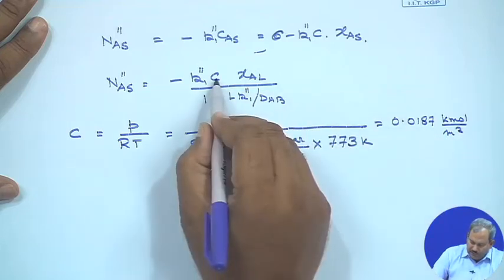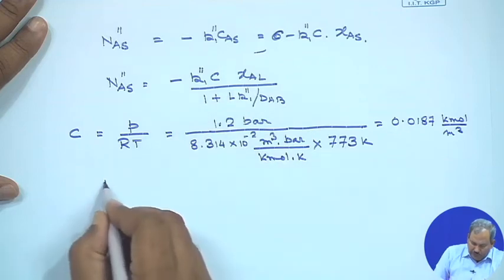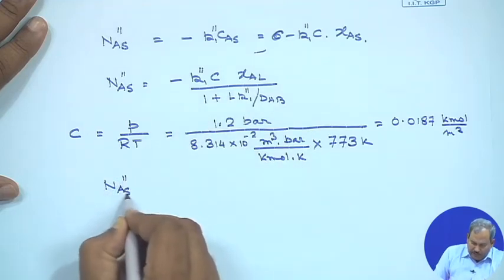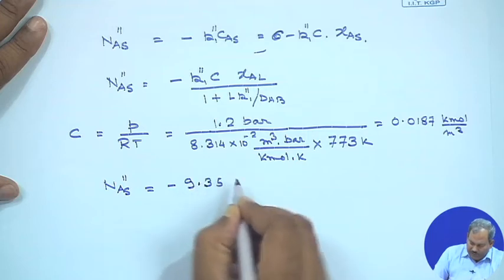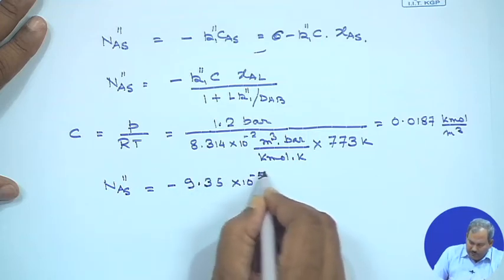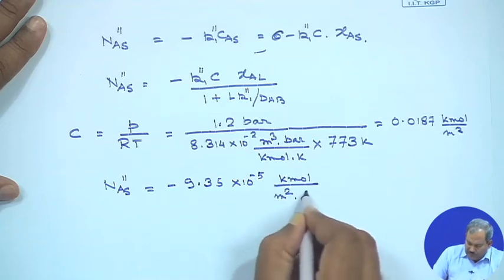Now, you can plug this value of C in here. This part is already known. So, N_A double prime at the surface you should be able to find out: minus 9.35 into 10 to the power minus 5 kilomole per meter square times second.